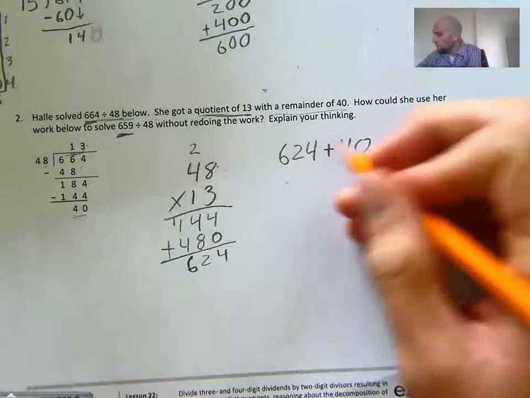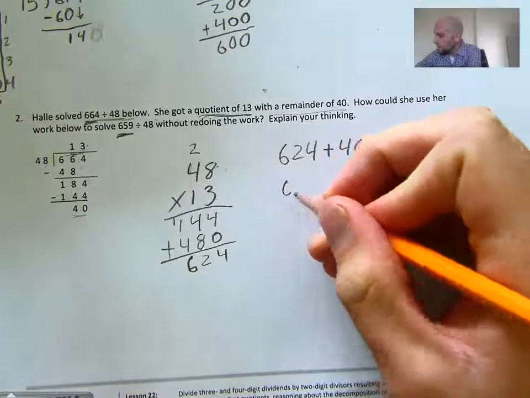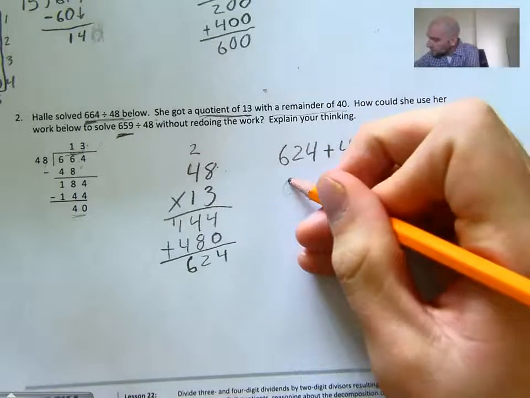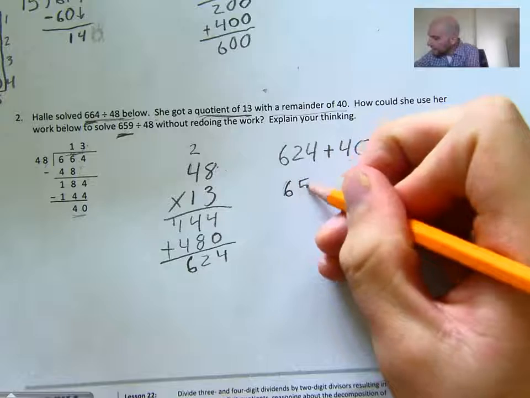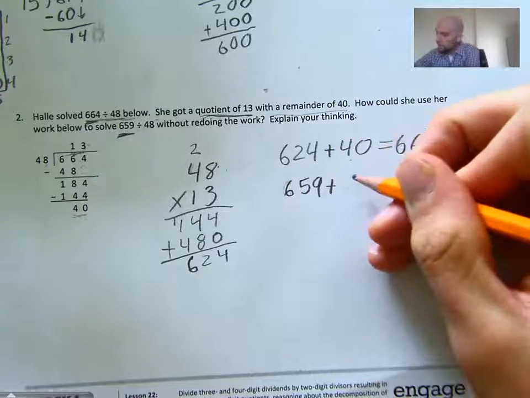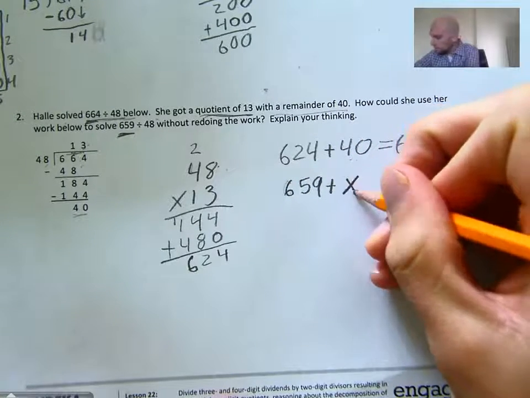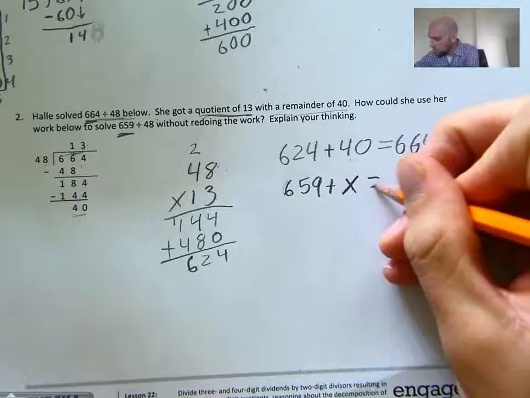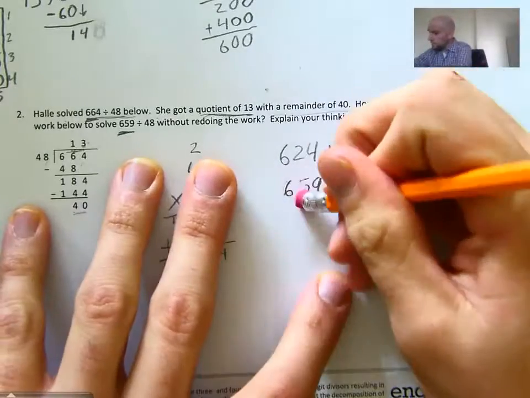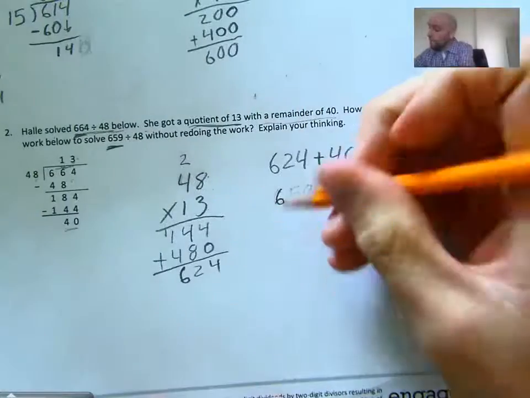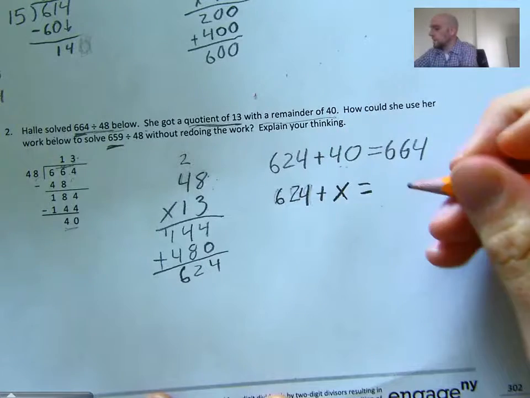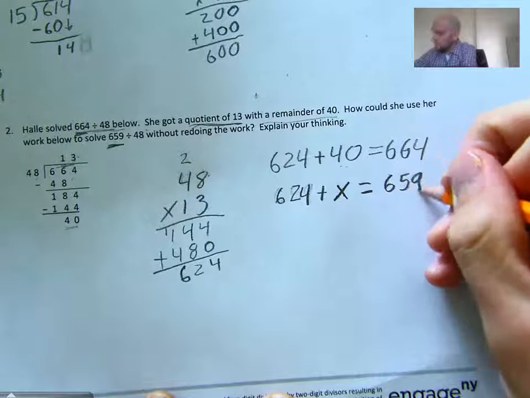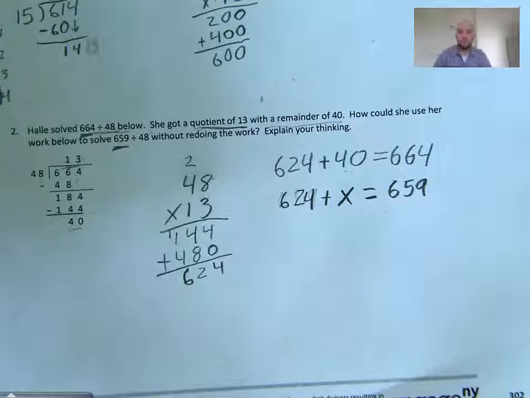So what we'll do is we'll do 624 plus a number, x, is 659. So how can we figure out what x is?